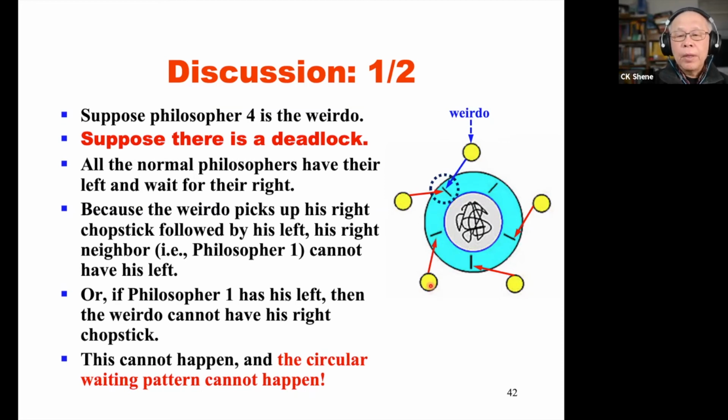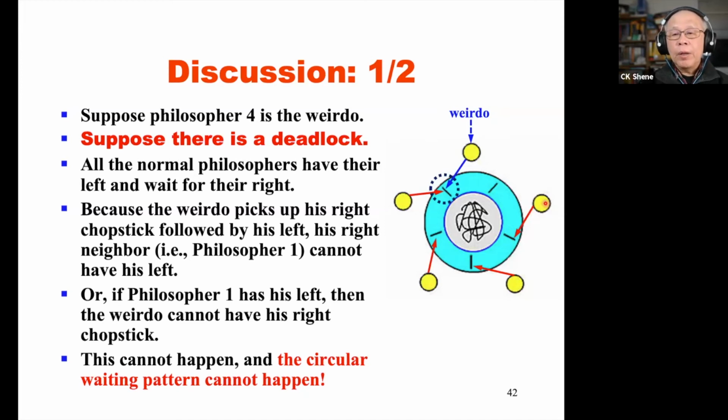If this philosopher cannot eat, this means his right is being held by his right neighbor. Now, if his right neighbor can eat, it means this right neighbor has this one, and there's no deadlock. If this right neighbor cannot have this one, what does that mean? It means this one is being used by this one.